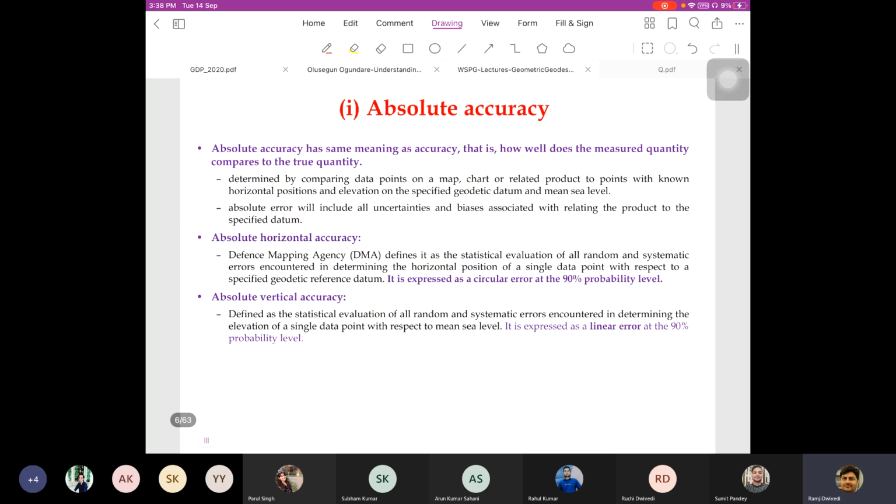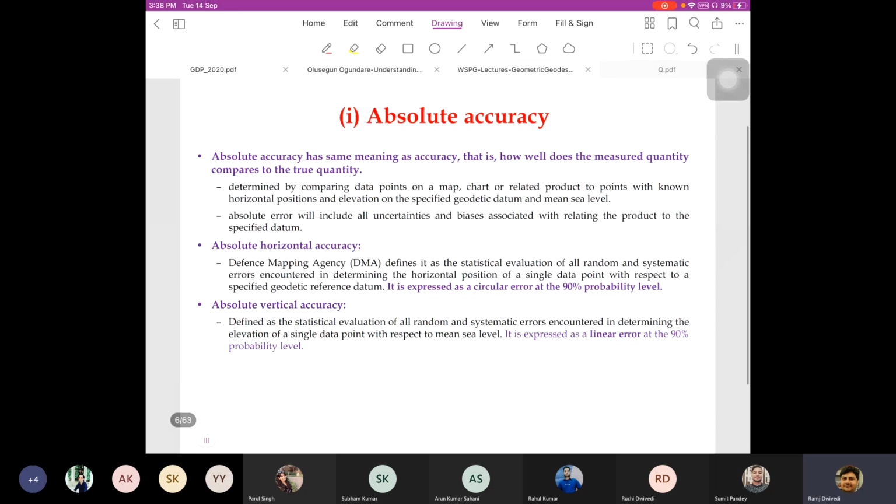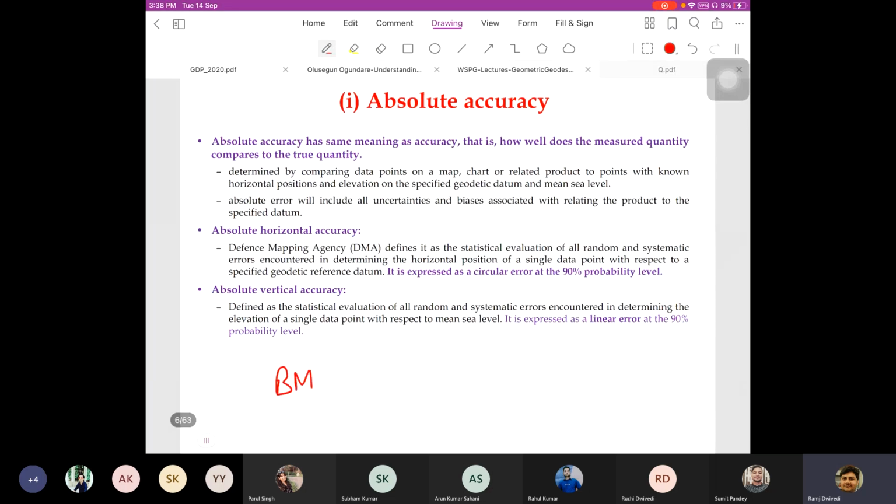So it is compared to comparing data points on a map, chart, or related products to points with known horizontal positions and elevations on the specified geodetic datum and mean sea level. Okay, so obviously, for those with a different background, there is a word called BM, which we call benchmark, which is a very well known height above mean sea level of a point. But following a loop and again going back to the benchmark, you may not get the exact value.